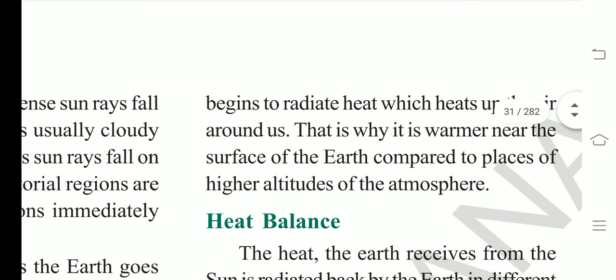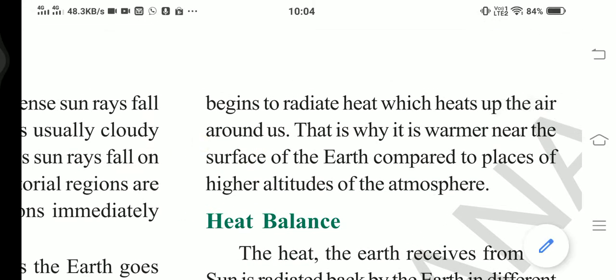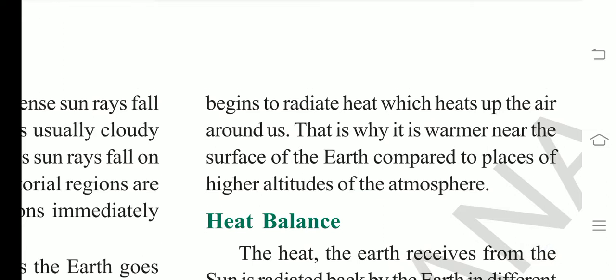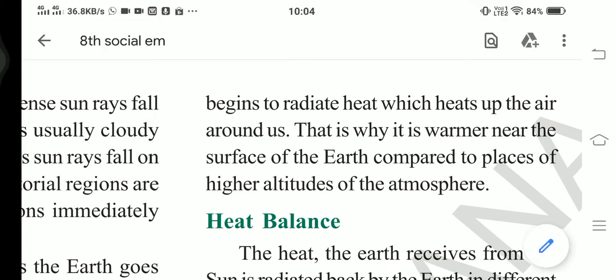So up to now, my dear students, we have seen that the sun is the powerhouse of energy. That is the first point in this lesson. Second, energy is received in different forms, that is light and heat. One of the students wrote in the assignment that thermal energy and solar energy are different; here is the concept we have to understand.